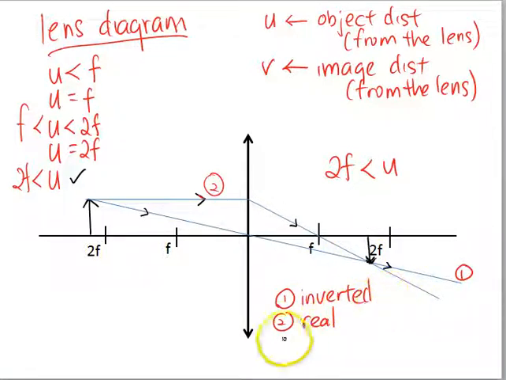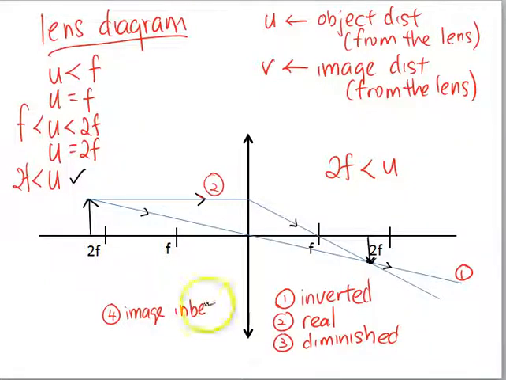Next one, the third one, the image is smaller than the object. We call this diminished. So the image is diminished. The fourth one, we have the image in between F and 2F.